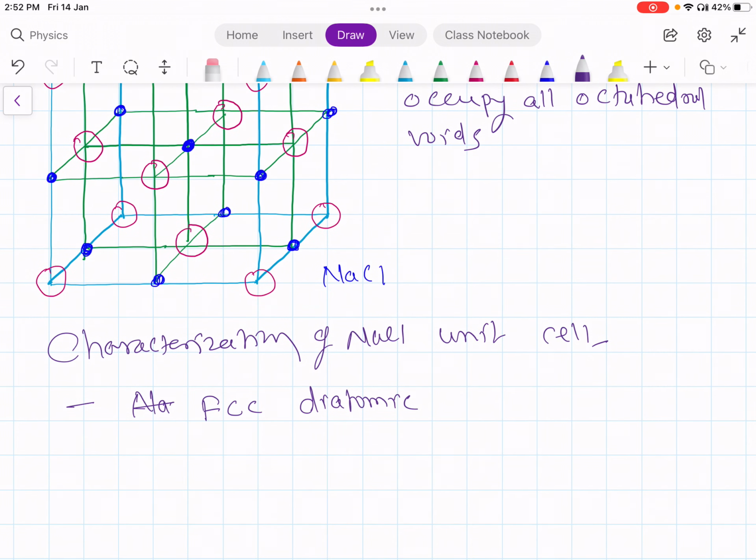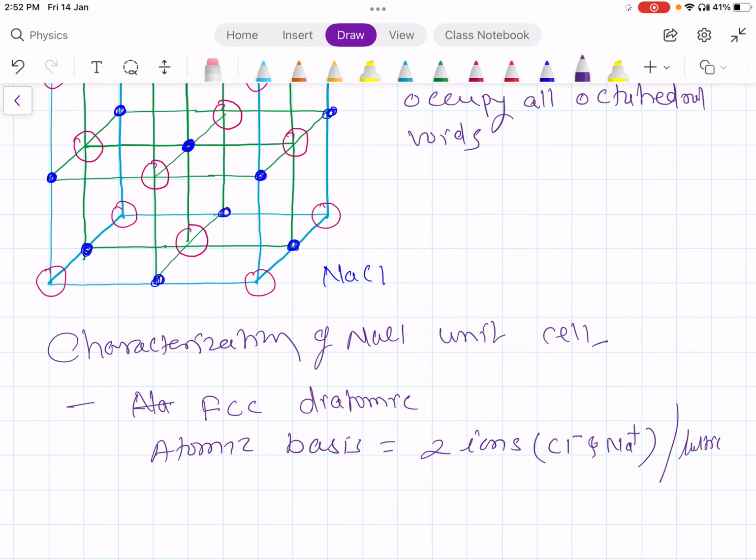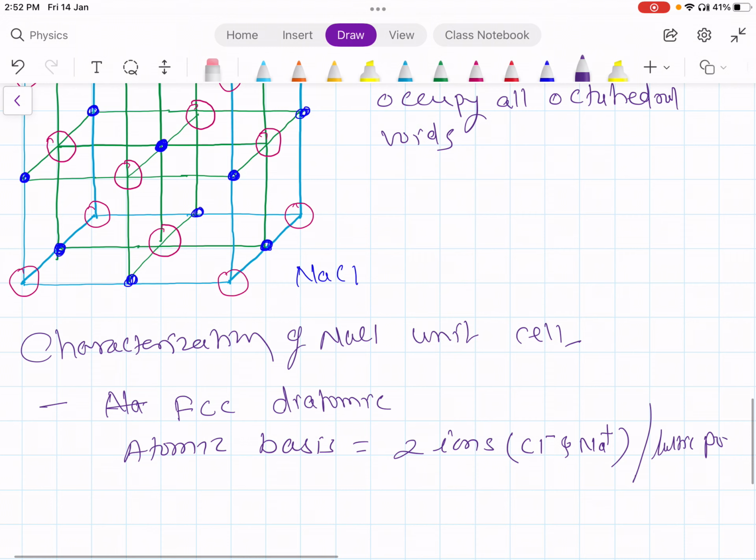Then we have to find the atomic basis for this. Atomic basis is two ions, chlorine ion and sodium ion per lattice point. So it is diatomic. Two ions per lattice point is the atomic basis.